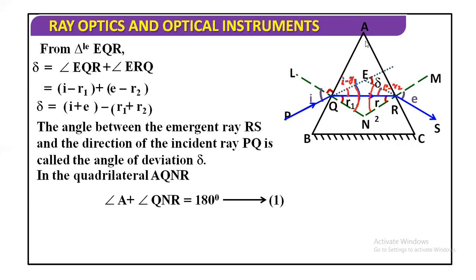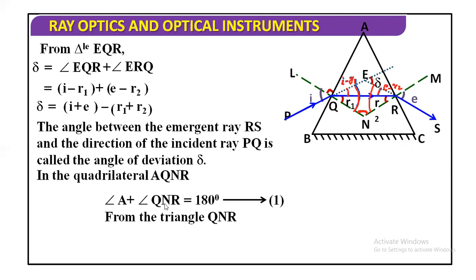This angle A is the angle of prism, plus this angle QNR. Basically we are interested in this angle. Let me show you. We are interested in this angle. So in the quadrilateral AQNR, the sum of the opposite angles is equal to 180 degrees. So angle A plus QNR is equal to 180 degrees. Take it as equation 1.